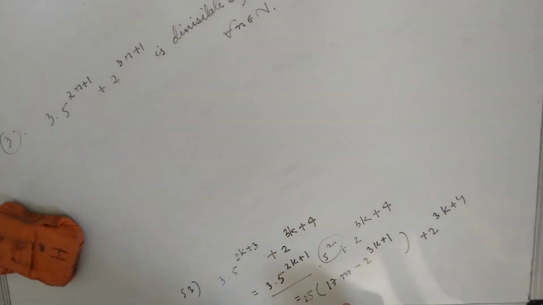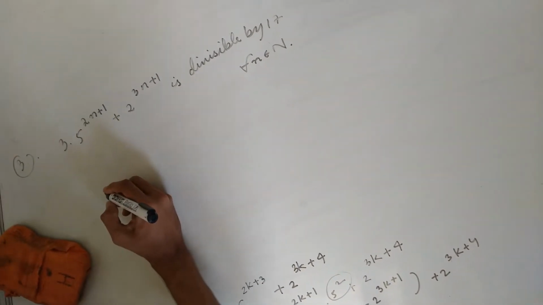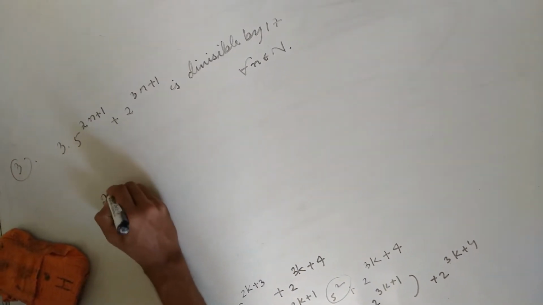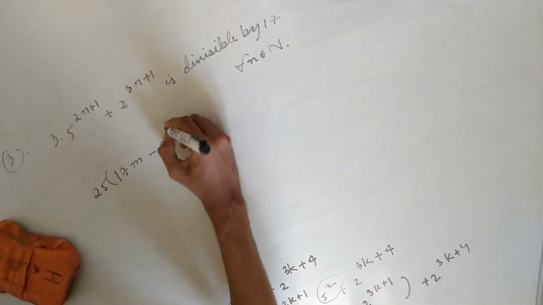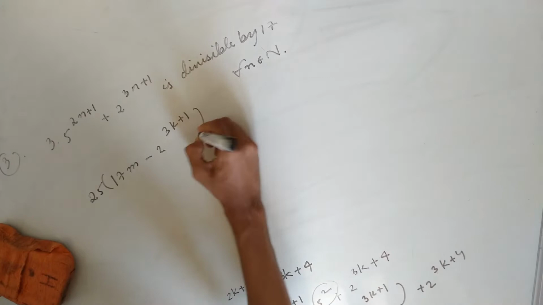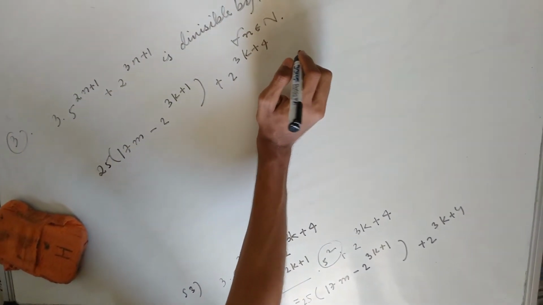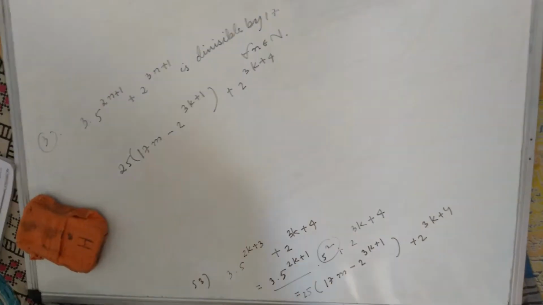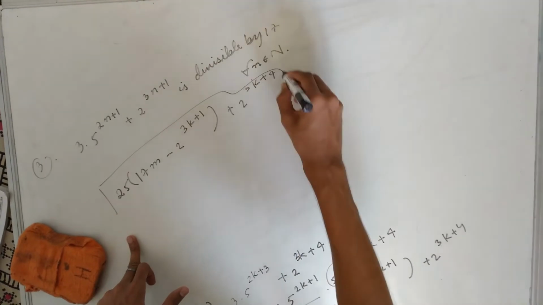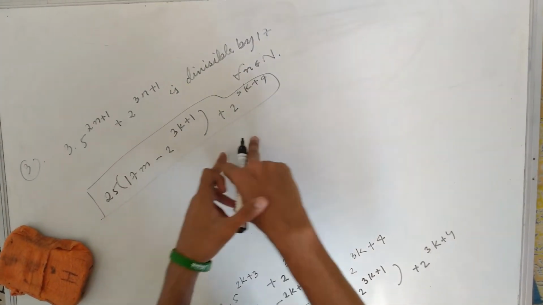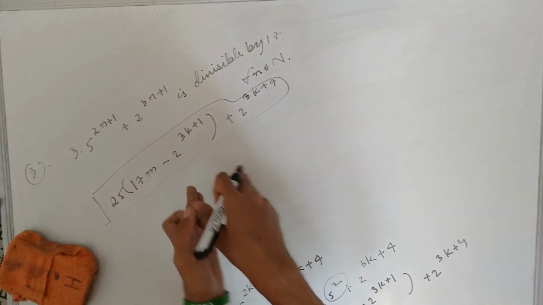So this is 25 into 17m minus 2 power 3k plus 1, plus 2 power 3k plus 4. Now you have to analyze this. What manipulation do you have to do here to make it 17 into something?